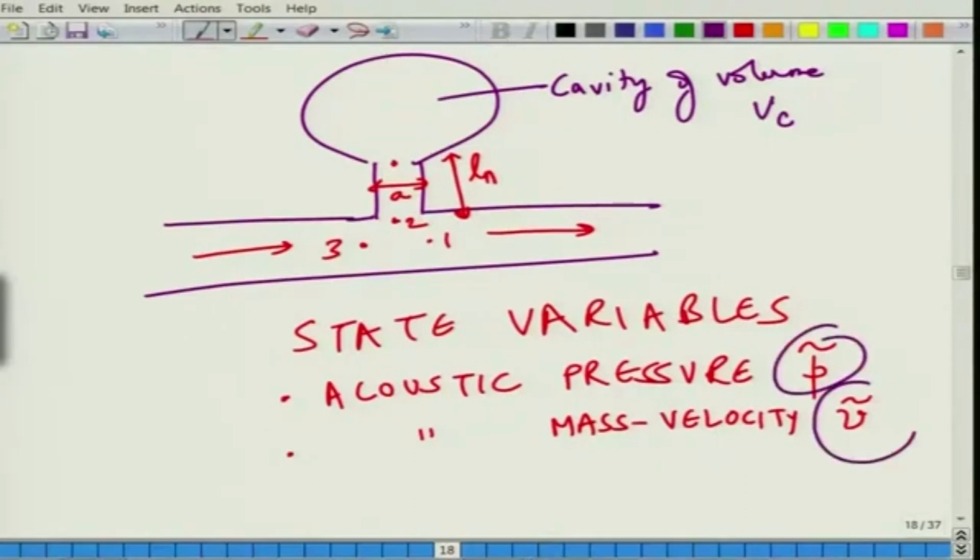So, the idea is to relate these two state variables, acoustic pressure and the acoustic mass velocity, at the point 3 to the point 1.